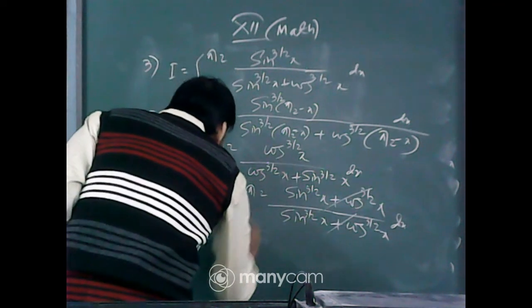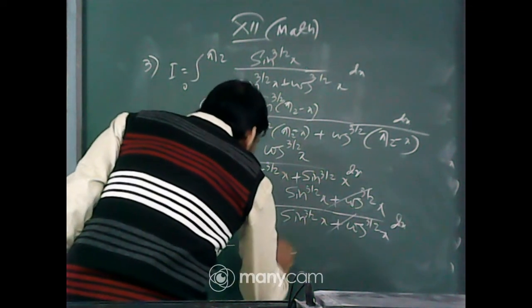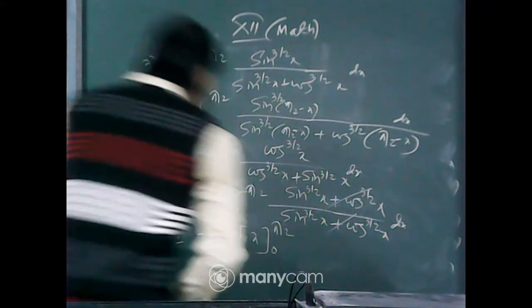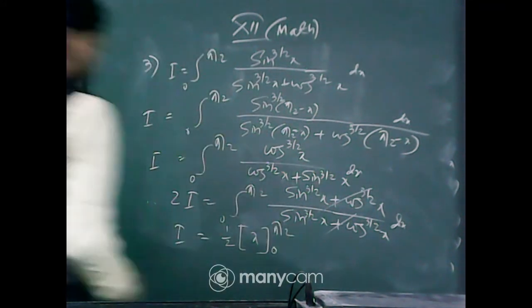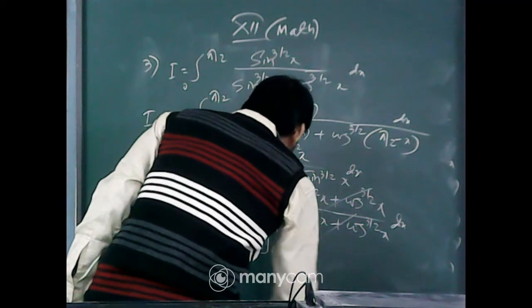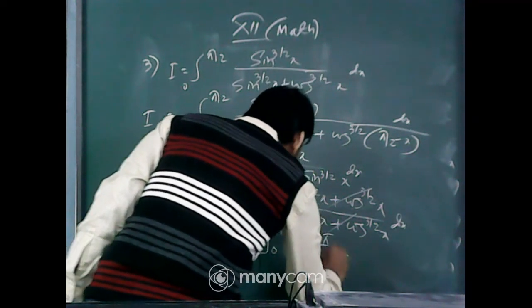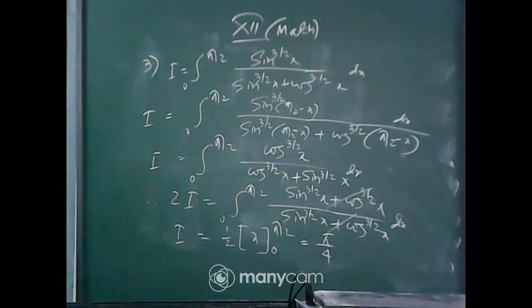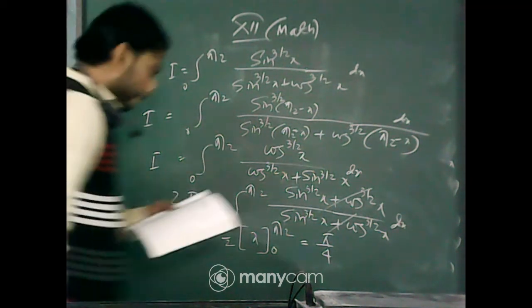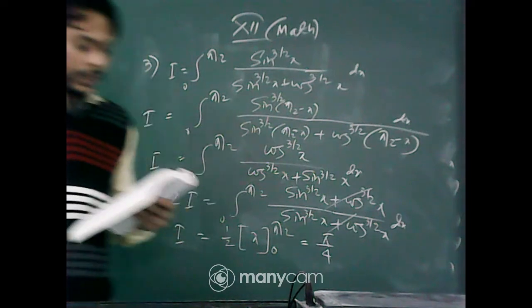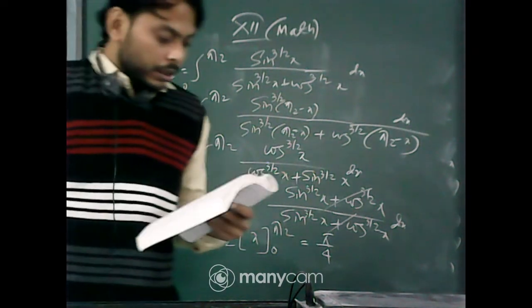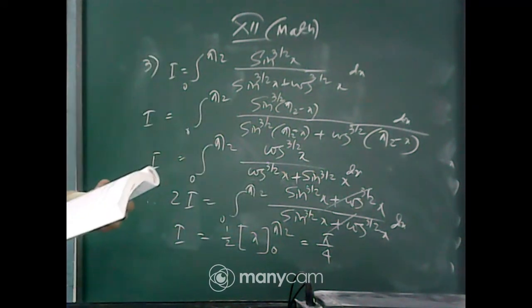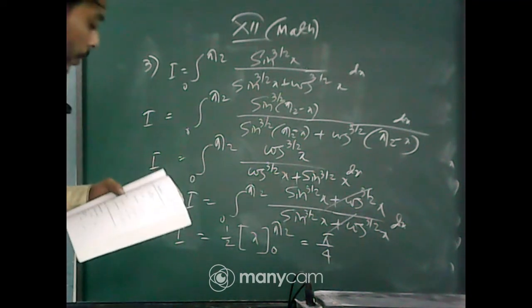So 1 by 2 x, limits 0 to pi by 2. That means it will be simply pi by 4. Okay. This is question number 3. Question number 4 and 5 also left for you. We will now move on to question number 6.